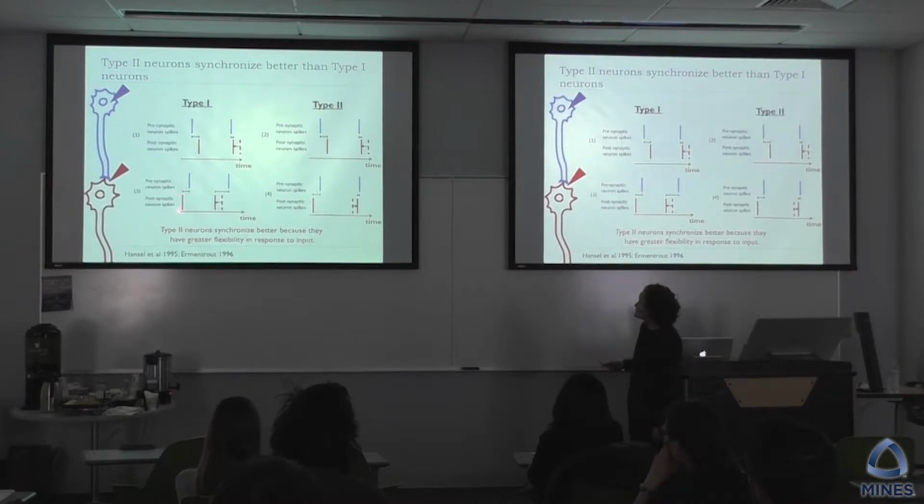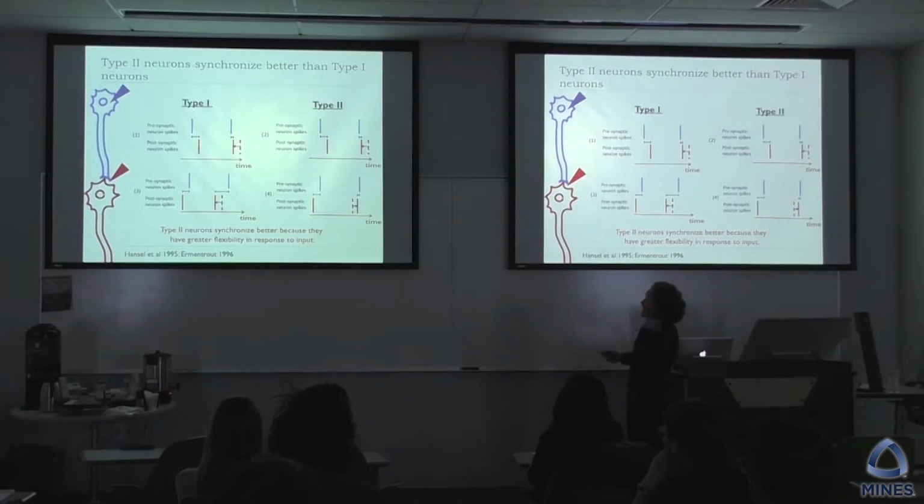In this case, the red cell is getting the input from the blue cell early in its firing cycle. For a type 1 neuron, that will advance the timing of firing, actually making the red cell speed up, so that the next time they fire, they're going to be firing farther away from each other, not closer together. But with the type 2 PRC, if the red cell gets the input from the blue cell early in its firing, it'll actually delay the timing of firing.